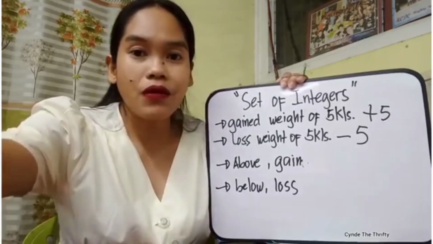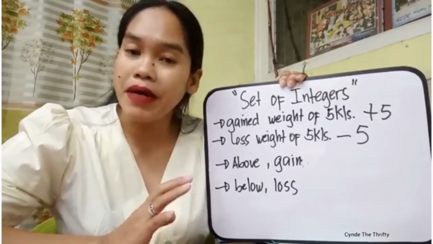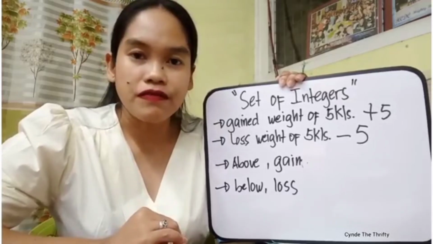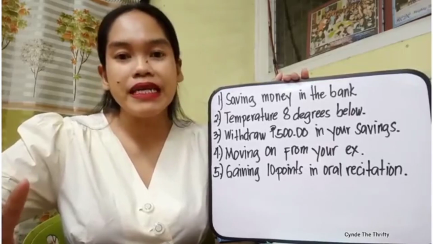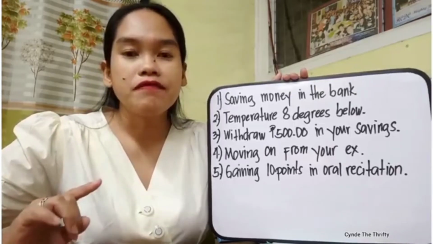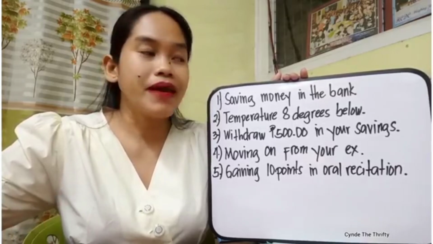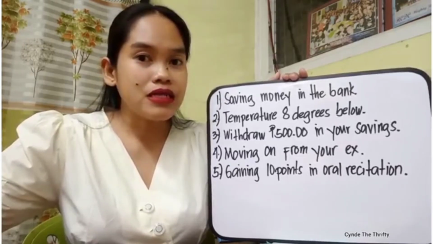So, dapat alam natin kung ano yung mga word na ginagamit para alam natin kung positive ba or negative. We have here real life examples, and ang gagawin natin is ilalagay natin kung positive ba siya or negative, based sa ating mga keyword.